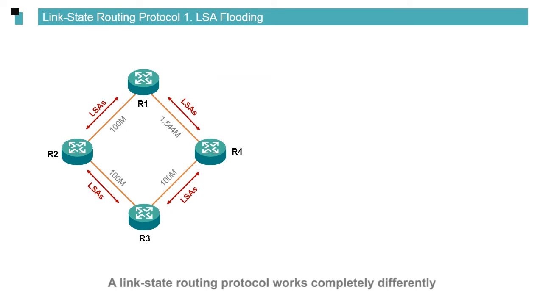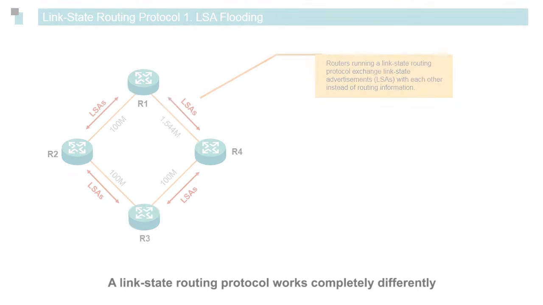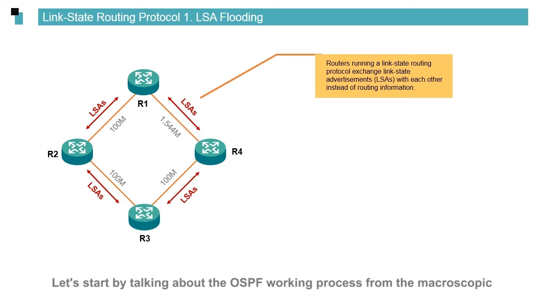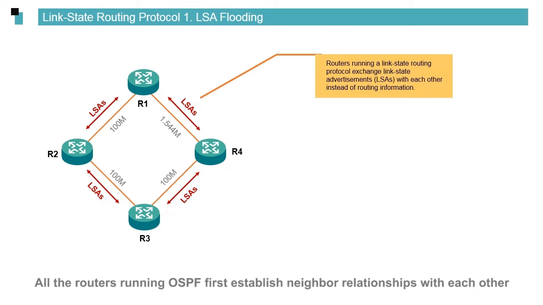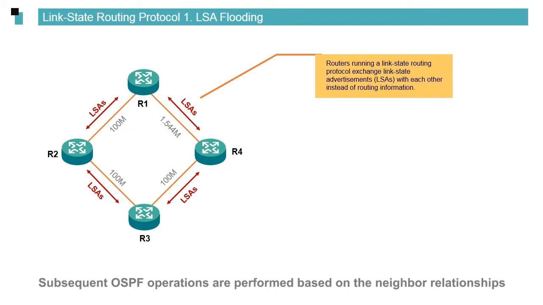A link state routing protocol works completely differently. Let's start by talking about the OSPF working process from the macroscopic, abstract perspective. All the routers running OSPF first establish neighbor relationships with each other. Subsequent OSPF operations are performed based on the neighbor relationships.